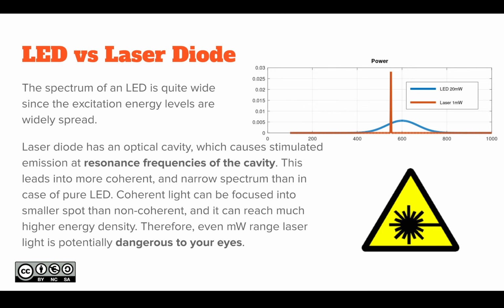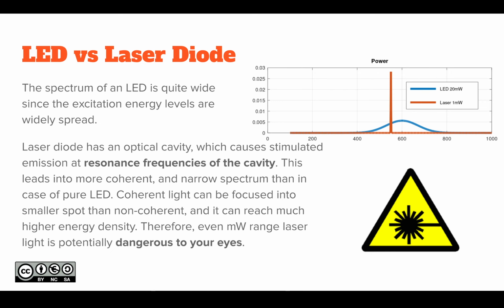If you look at the power density picture here, an LED of 20 milliwatts has a power density like that, quite a wide spectrum. But a laser of 1 milliwatt, which is 1/20, has much higher power density.